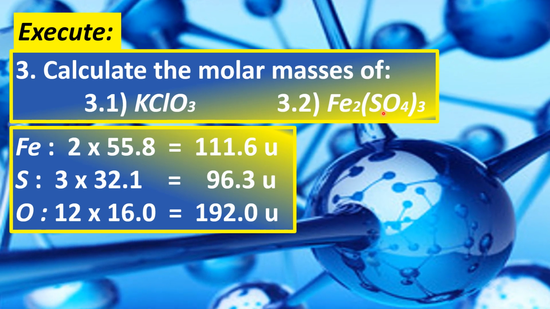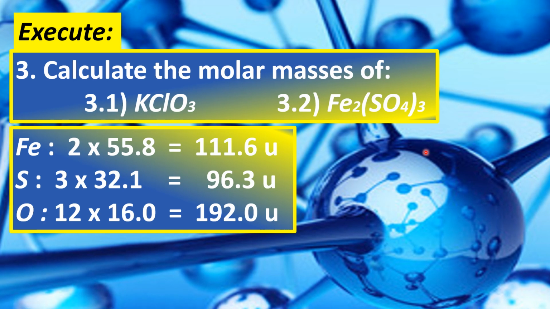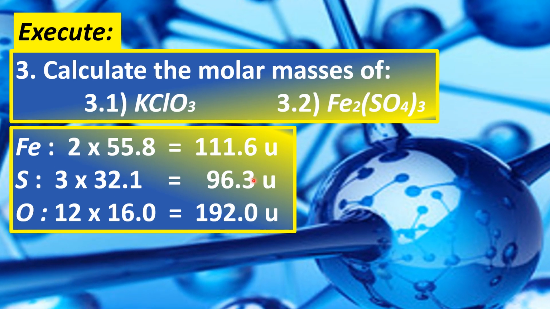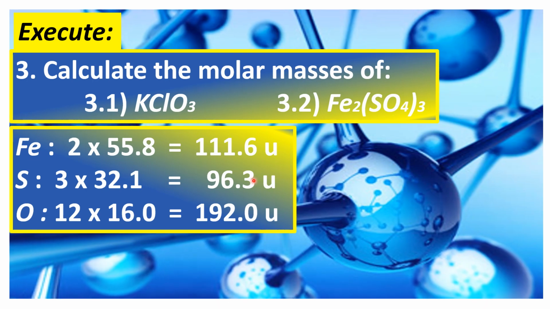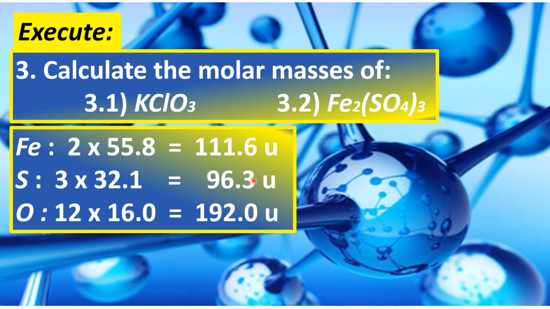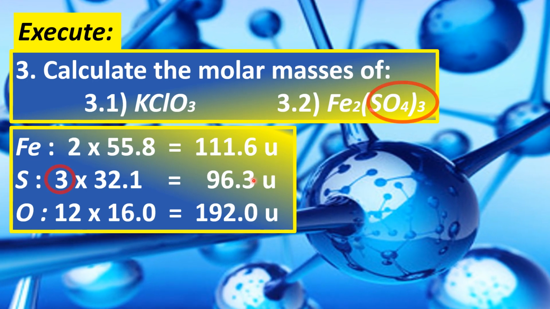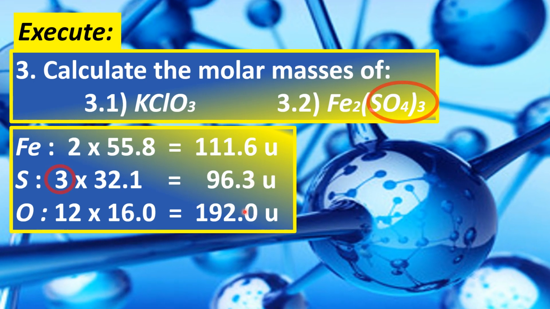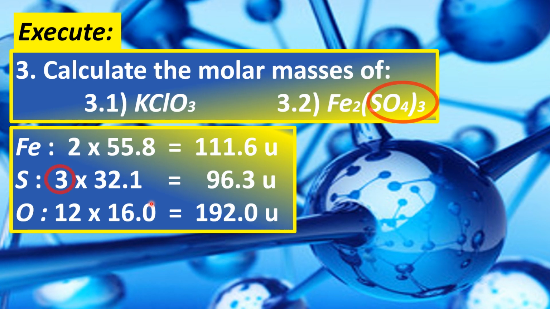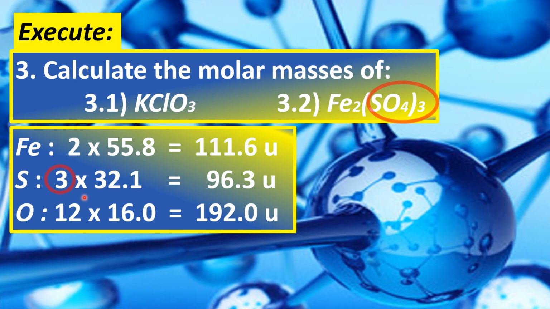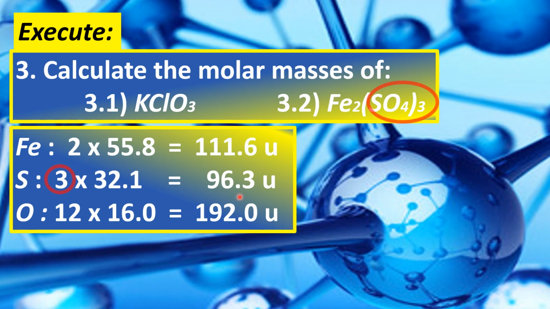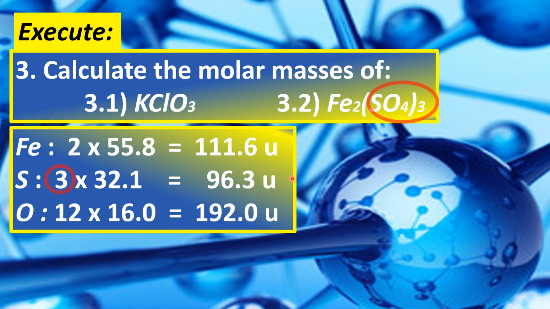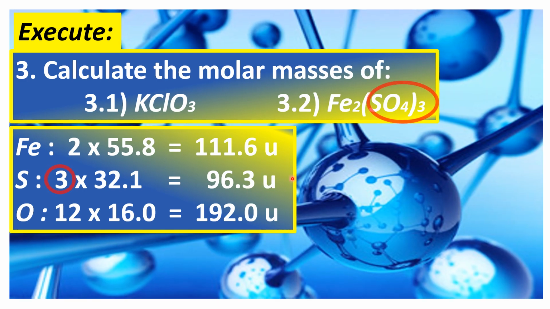And since sulfur is inside the parentheses with subscript 3, it means that there are 3 sulfur atoms. Each sulfur atom has an atomic mass of 32.1. So, times 3, we get 96.3 U. This is the atomic mass of the 3 sulfur atoms.